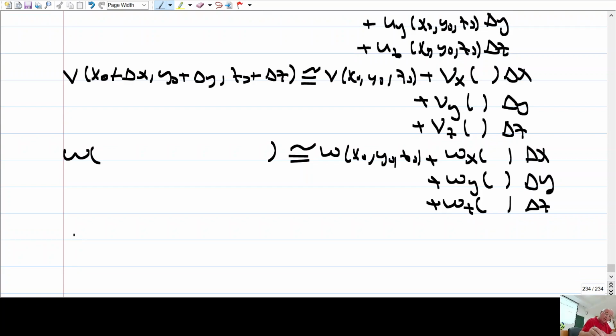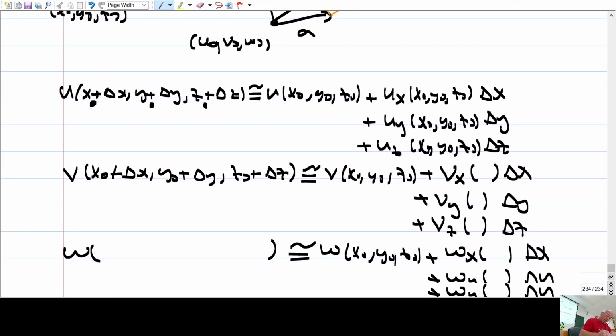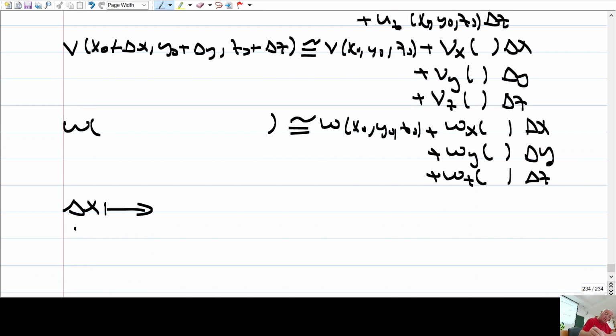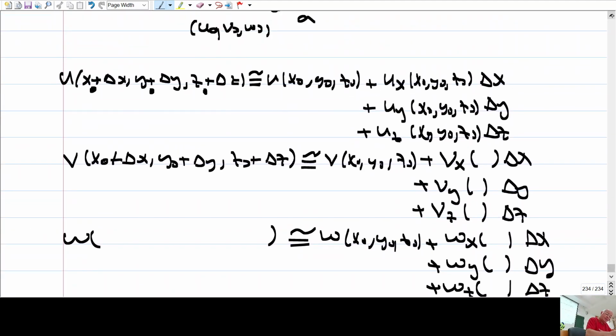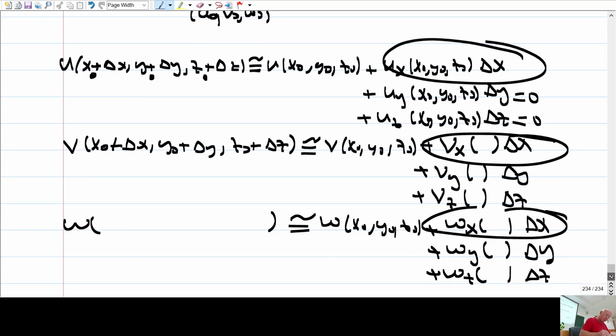So this means what? If I increase the x coordinate delta x units, but keep delta y and delta z equal to 0, then the UVW coordinates are changed how much? The U coordinate is increased this much because delta y is 0, delta z is 0. The V coordinate is increased this much and the W coordinate is increased this much.